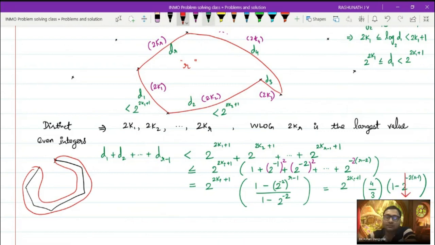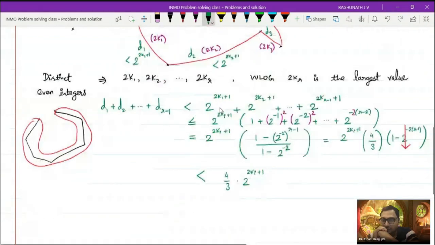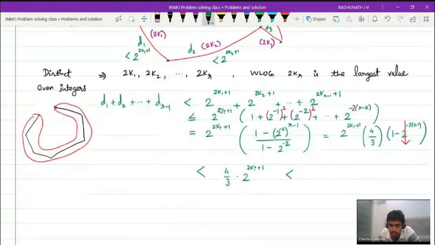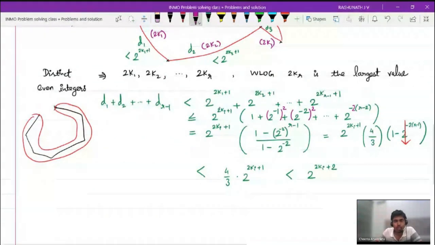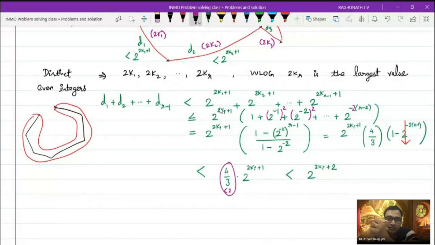We shall drop this term and say that this is strictly less than 4 by 3 times 2 power 2ki plus 1 for some i in 1 to r minus 1. Now this is again strictly less than 2 power 2ki plus 2. Why? Because 4 by 3 is less than 2. Of course. So this is true.